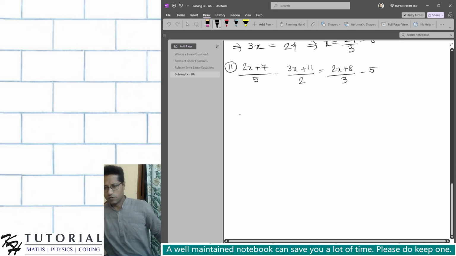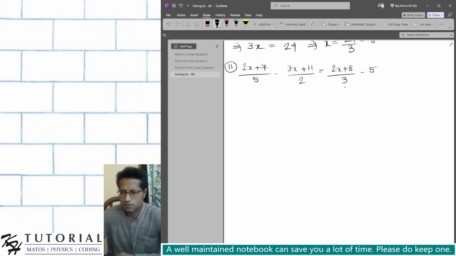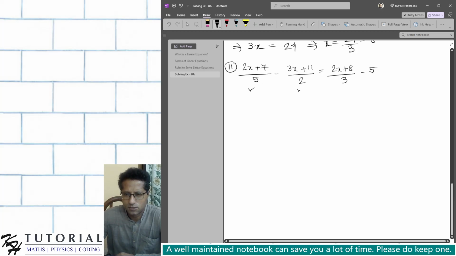So this equation is also not in a simple form. As we can see, 3 rational terms, this one, this one, and this one. These are 3 rational terms having the denominators 5, 2, and 3.